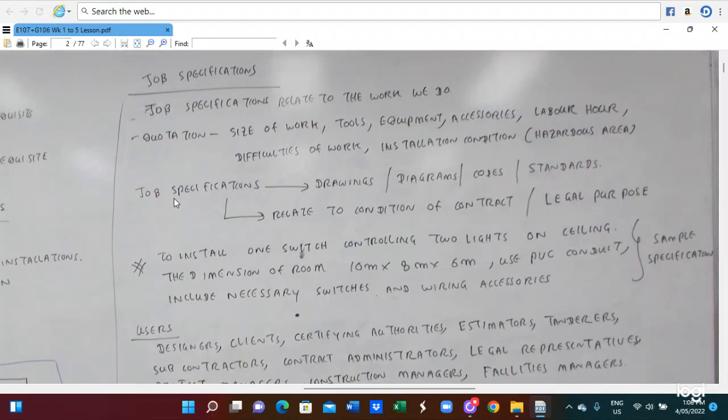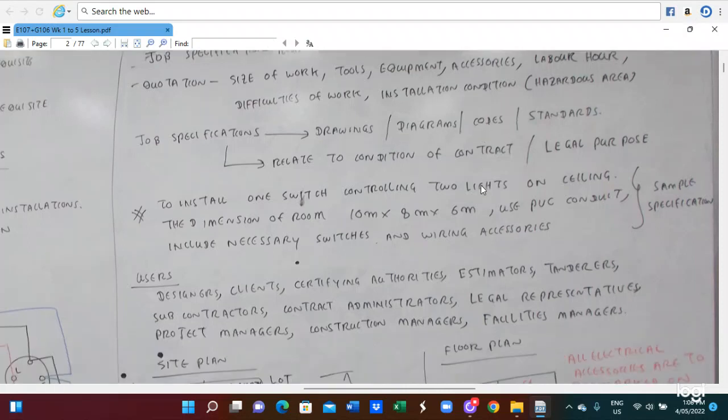The job specification is expressed by including the drawing, diagram, also the code standard, and also matters related to the conditions of the contract and legal purposes. Those things need to be expressed in the job specification.